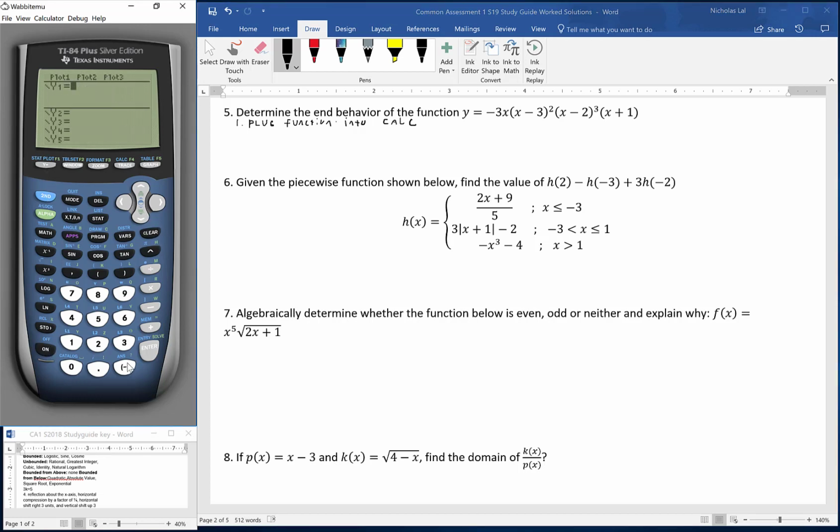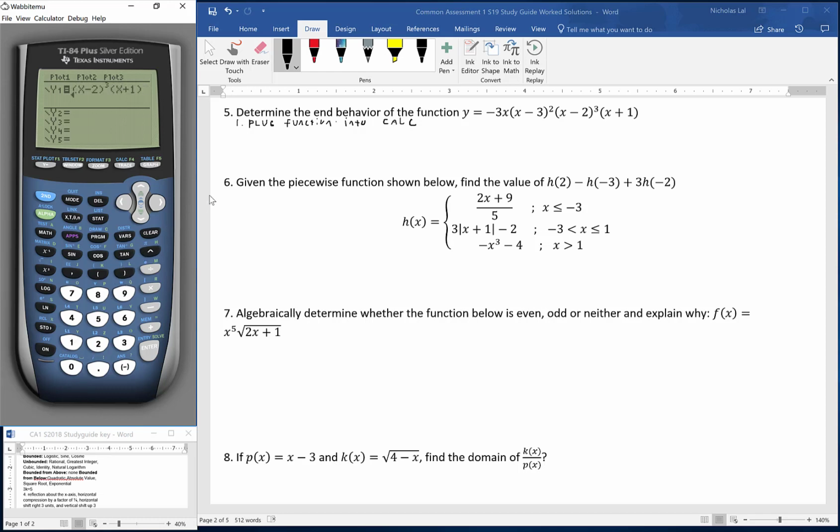Y is equal to negative 3x times x minus 3 squared times x minus 2 cubed times x plus 1.